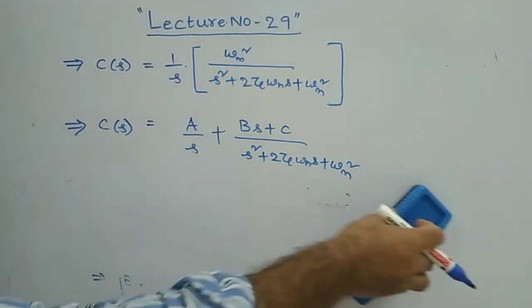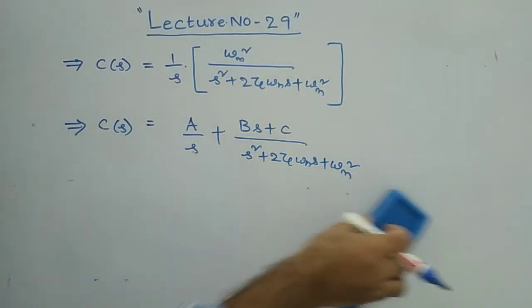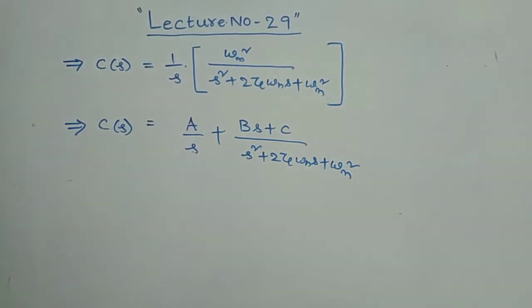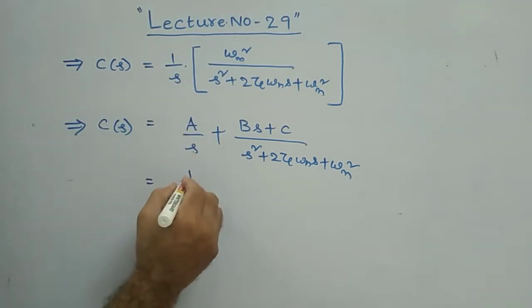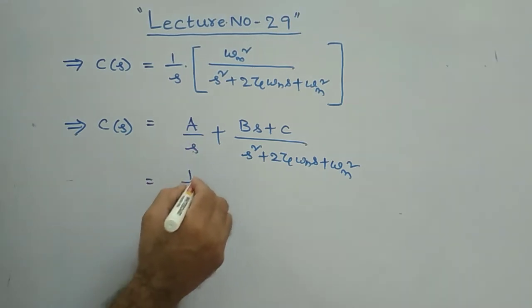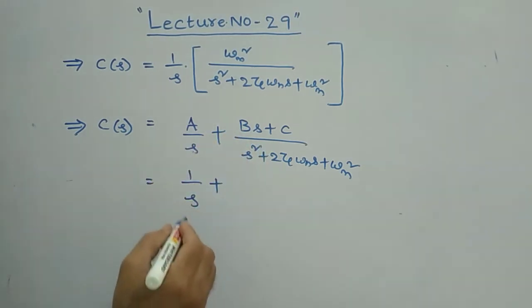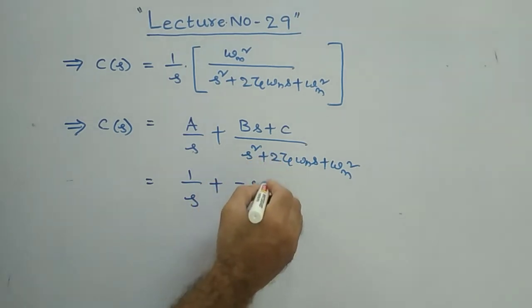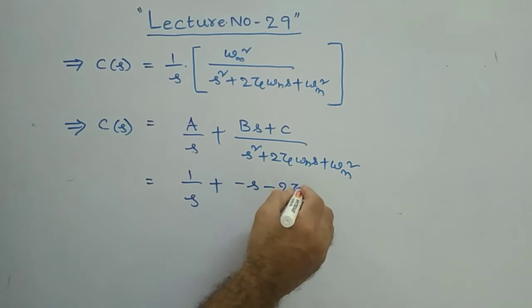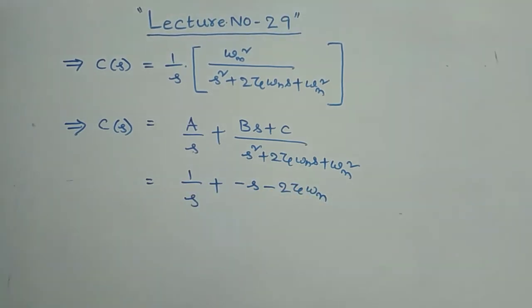Basically it involves some small mathematical steps. So if you substitute those A, B, C values, what you will get: A value is 1, therefore 1 by S, plus B value is minus 1, therefore minus S, minus 2 zeta omega n. Clear?